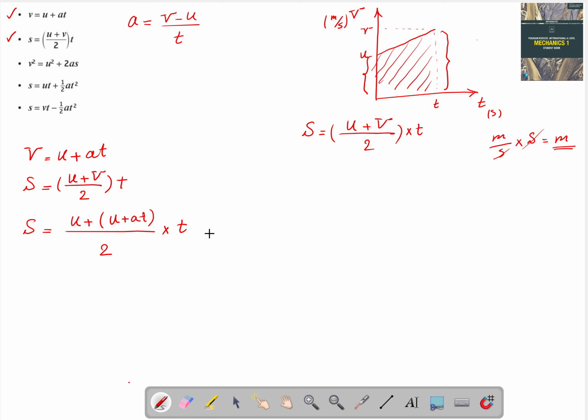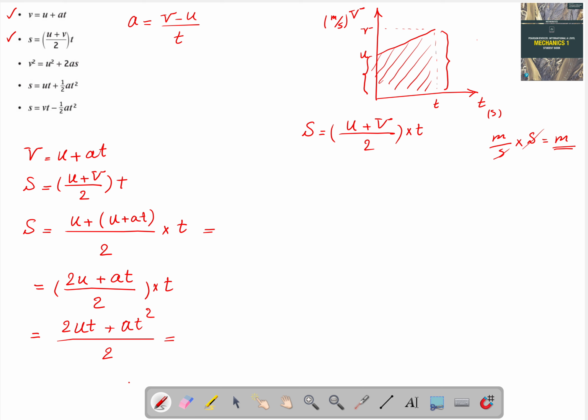Okay, so if I summarize it, it will be 2u plus at divided by 2 multiplied by t. Again, it will be 2ut plus at power 2 divided by 2. So I multiply t to 2u and at.